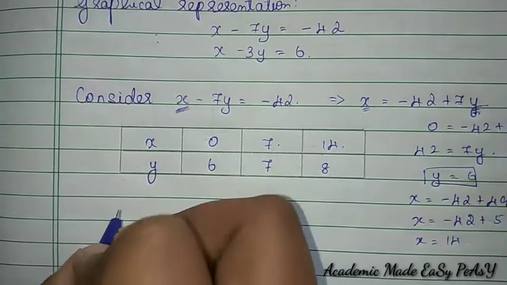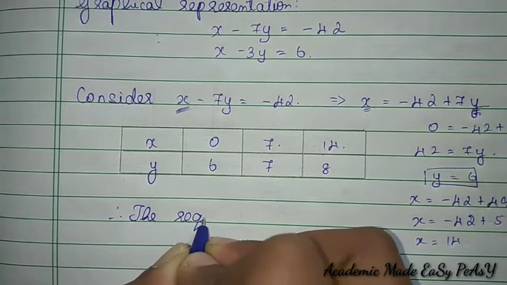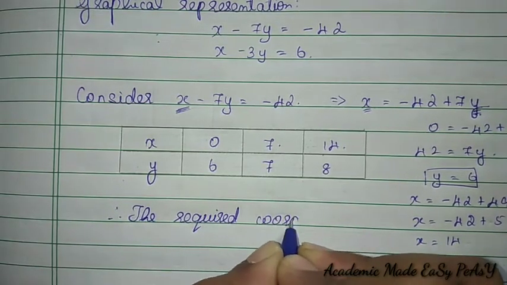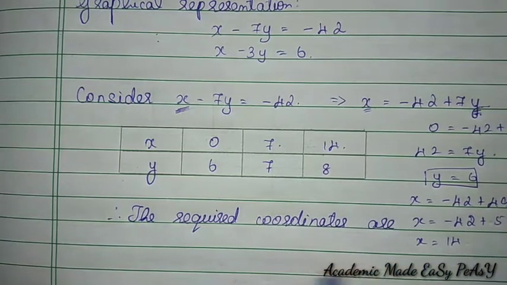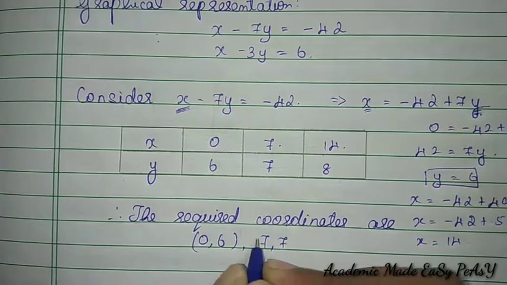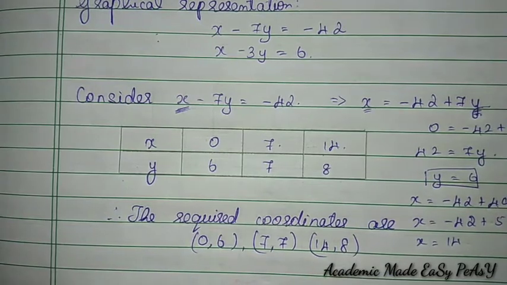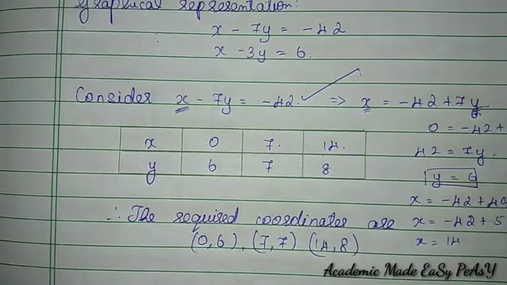Therefore, the required coordinates are 0, 6; 7, 7; 14, 8. So these are the required coordinates for equation 1.